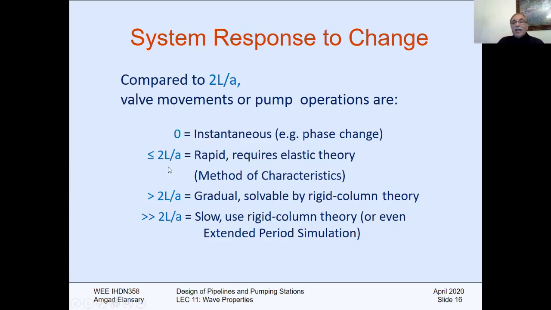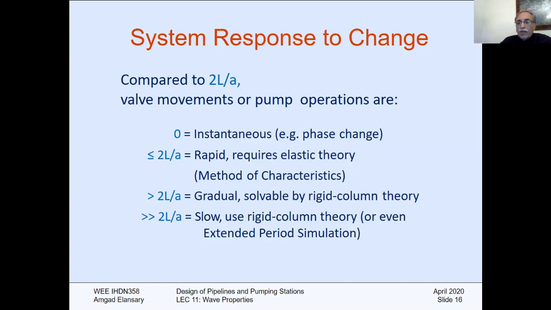If it is less than or equal to 2L over A, we consider it rapid and it requires elasticity. Elastic theory has to be used here, and later we're going to learn the method of characteristics. If it is larger than 2L over A, we can call it gradual and it can be solved by rigid column theory. If it is much greater than 2L over A, it's slow.